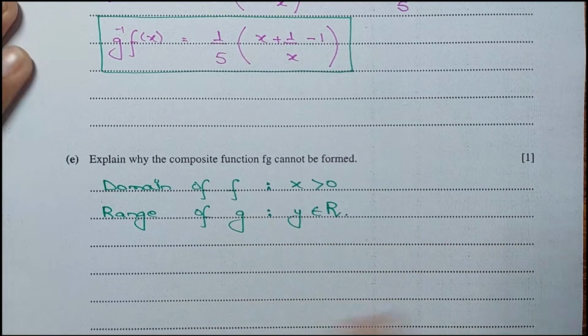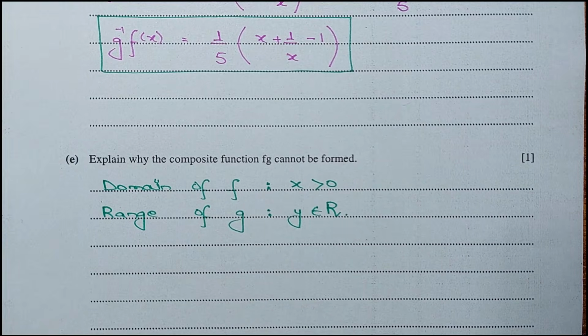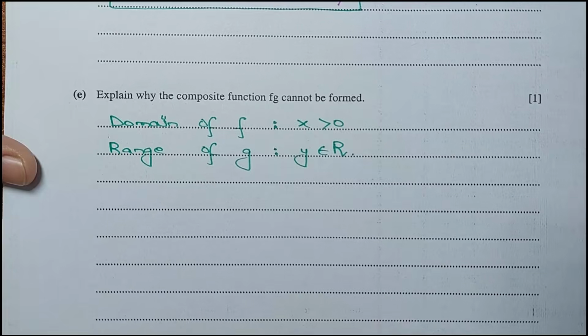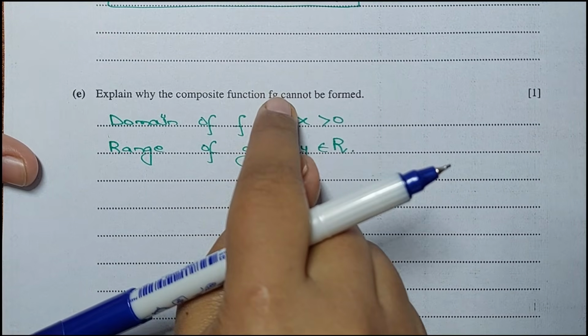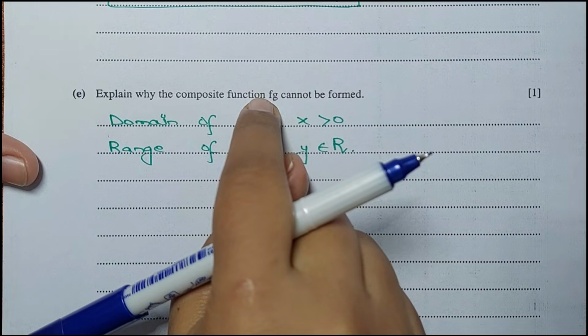This is all real numbers and the other one is only greater than 0, right? So the composition is possible when the range of the inner function is contained in the domain of the outer.